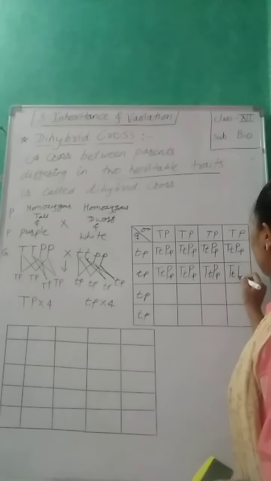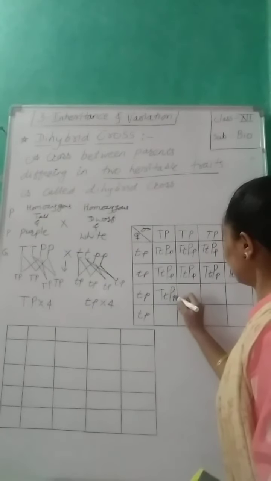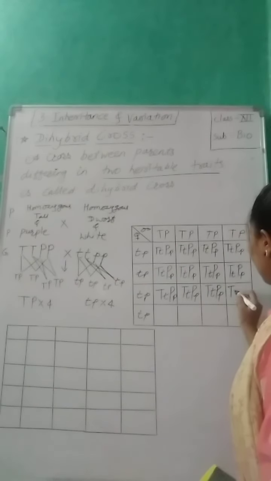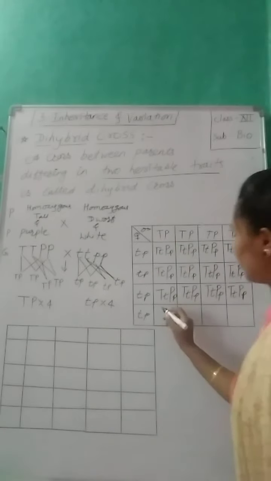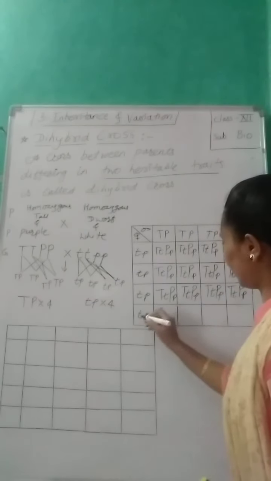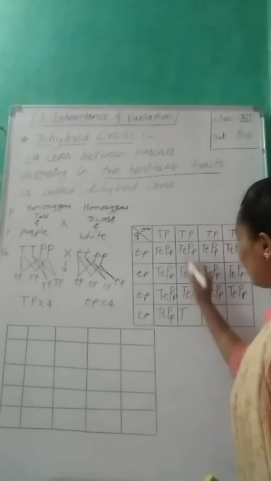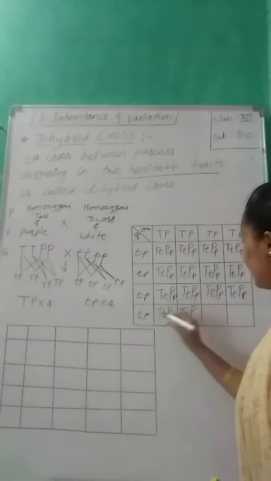Everywhere we will get the same characters because all are the same. Okay, so we will write down the same here also because this is T, and from this way we can write down this way. It is purple dominant, here is recessive, tall from this way, dwarf from this way, P from this way and white from this way.